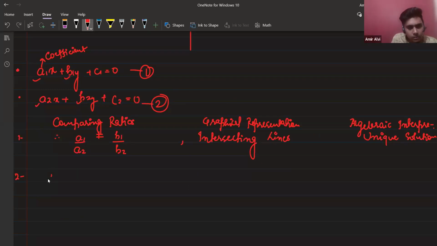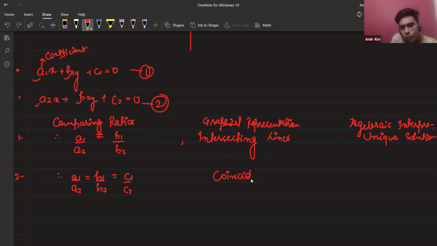A1 by A2 equals B1 by B2. Can you tell me the third one? Equals C1 by C2. I'm taking the equals sign here, and I will take the not equal as well. So the graphical representation will be coincident lines.